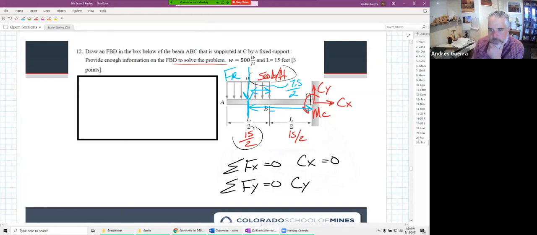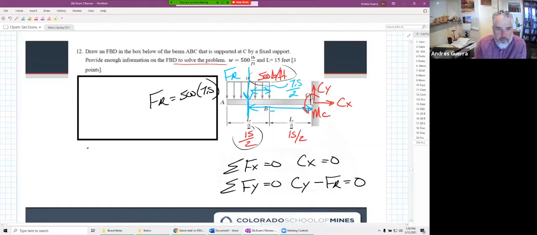So we'd have a CY, and then we'd also have a minus FR equal to 0. And we know that FR is equal to the area under that distributed load, so 500 times 7.5 would give us our FR. And then we can find the moment at C by summing moments at point C.